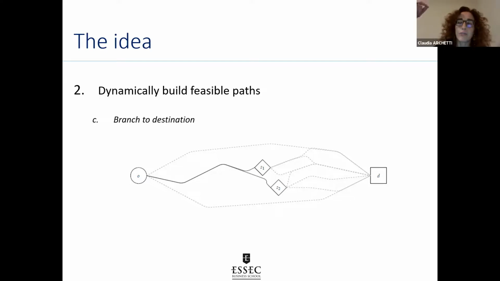Each path from the root to a node which is not the destination is a partial path which is feasible, and the only potential leg or arc of the tree which is infeasible is the one that links a node to the leaf, that is to the destination, one of these partial paths over here.